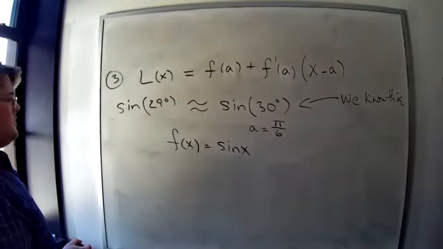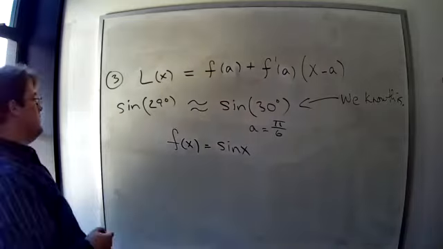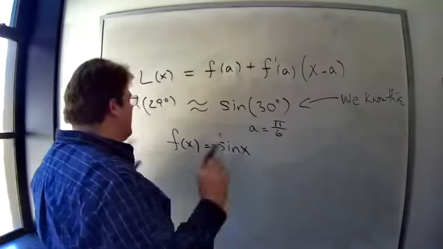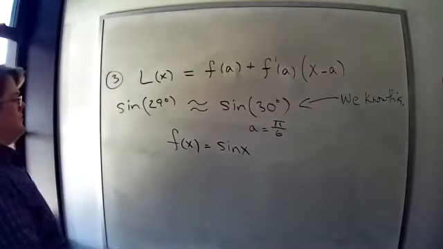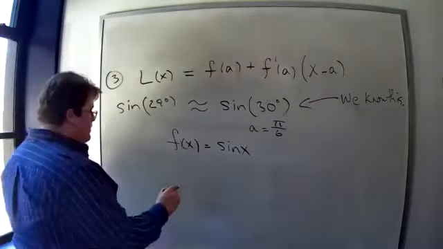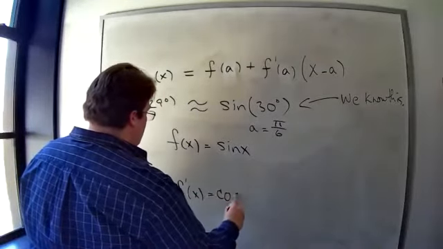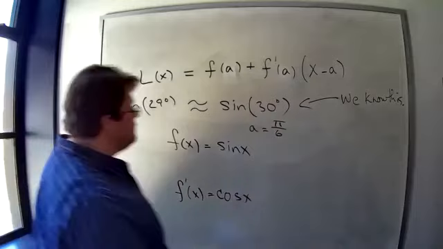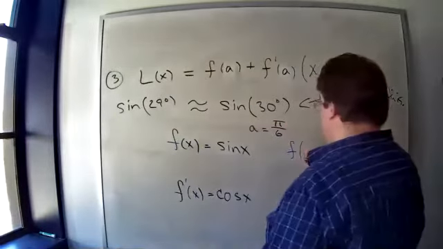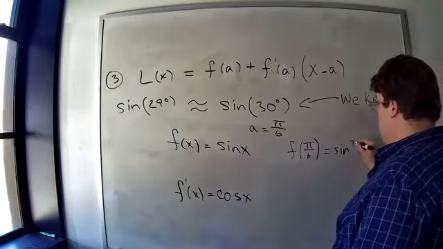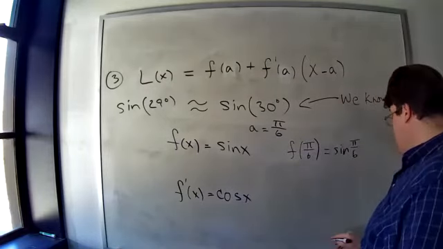So 30 degrees is pi over 6. I'll leave it as pi over 6 for now. So f of x is sine of x. F prime is cosine of x. We need to evaluate at pi over 6. What's sine of pi over 6?